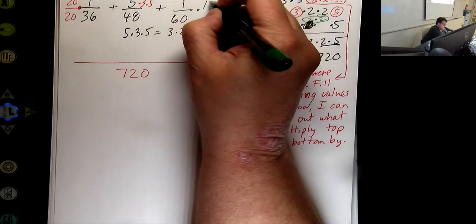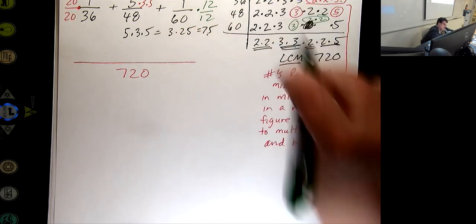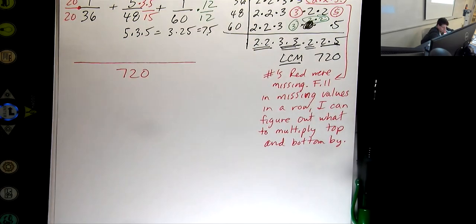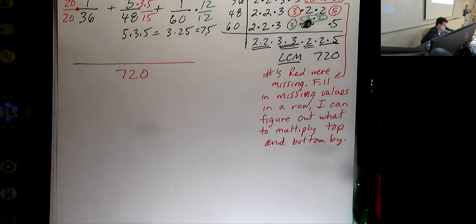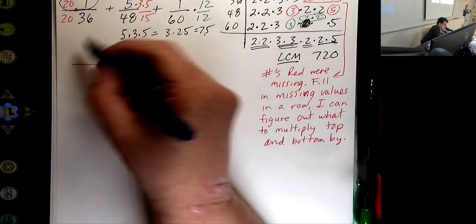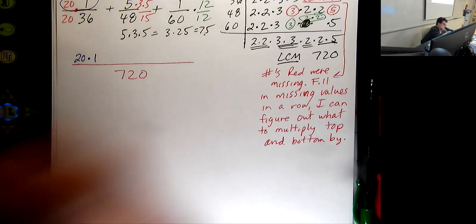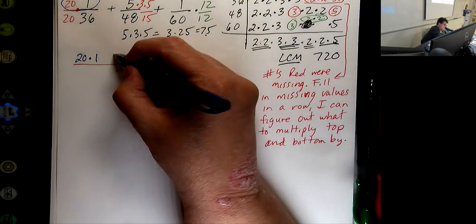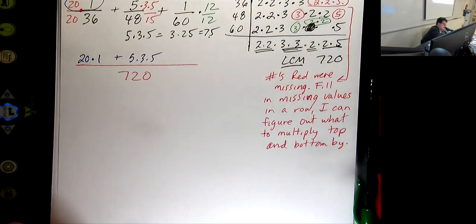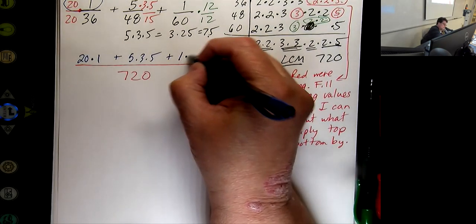I might as well do the 12 because the top is 1. What I didn't write down is I need to do the 15 on the bottom here. So I'm going to grab the stuff in sets. I got 20 times 1 from the first one. I've got 5 times 3 times 5 from the second one. And I've got 1 times 12 from the third set.